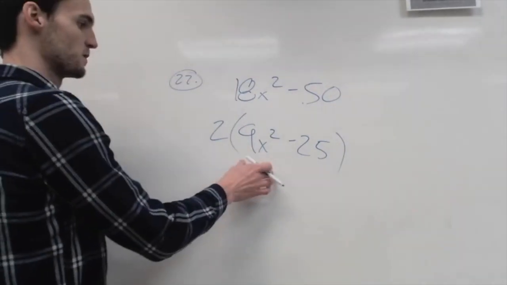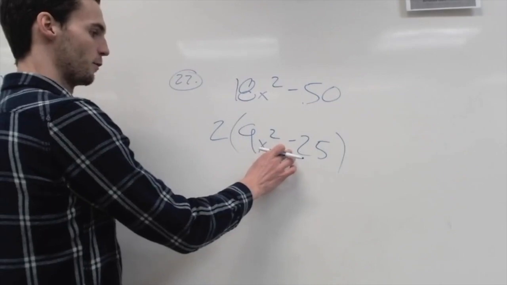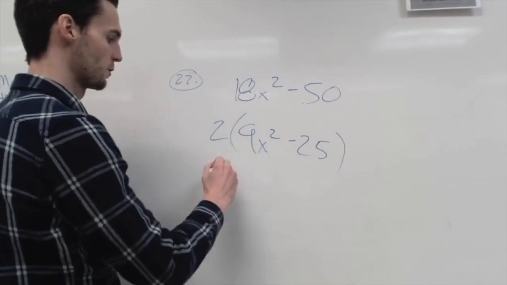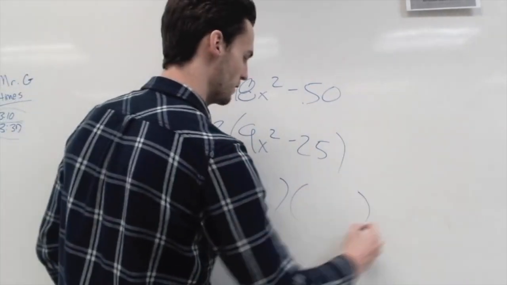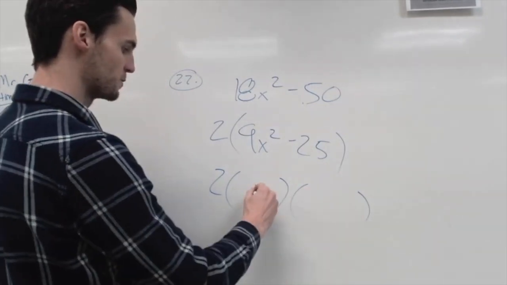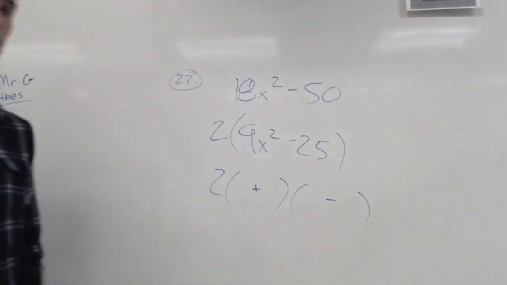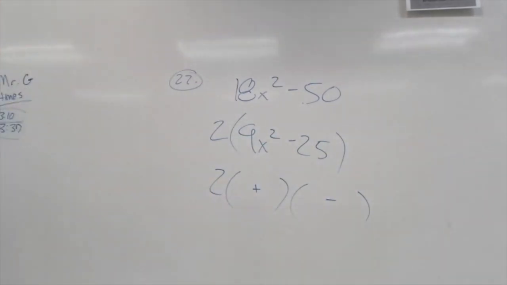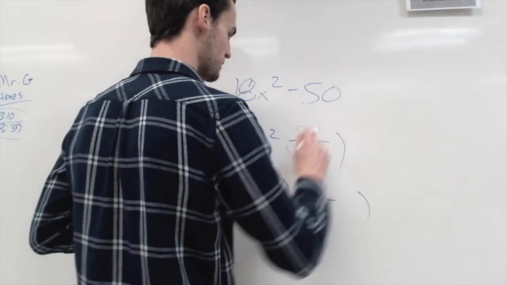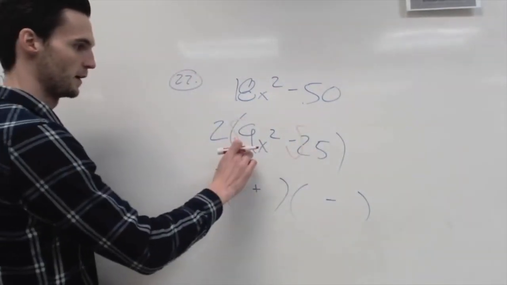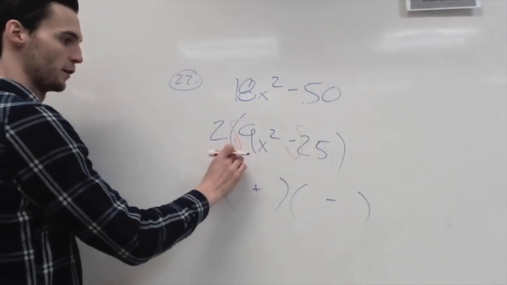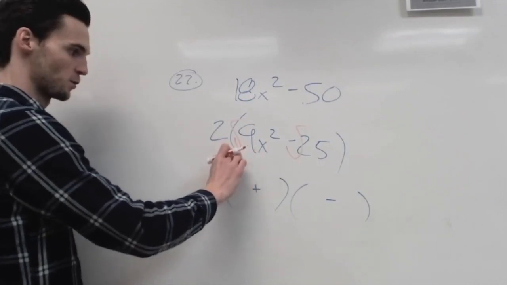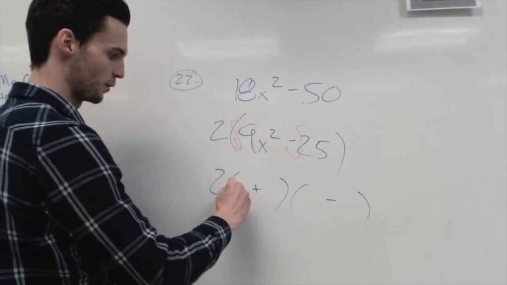And now we just simply keep going. We can recognize the difference of squares here, so we're going to have 2 parentheses, a plus b, a minus b. All right, a is going to be just simply the square root of this thing, b is the square root of that. So that's why I write, and when we have a number in here, we take the square root of it first, so it's going to be the square root of 9, which is 3.